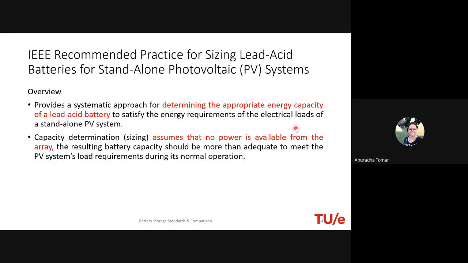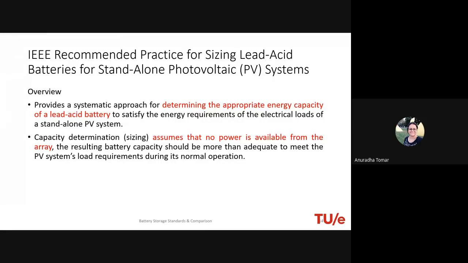Yeah, so one thing before I start with this IEEE standard for sizing of lead acid batteries for standalone photovoltaic systems. One thing I found very interesting is that if you open the standard, complete steps are given on how to size a battery.